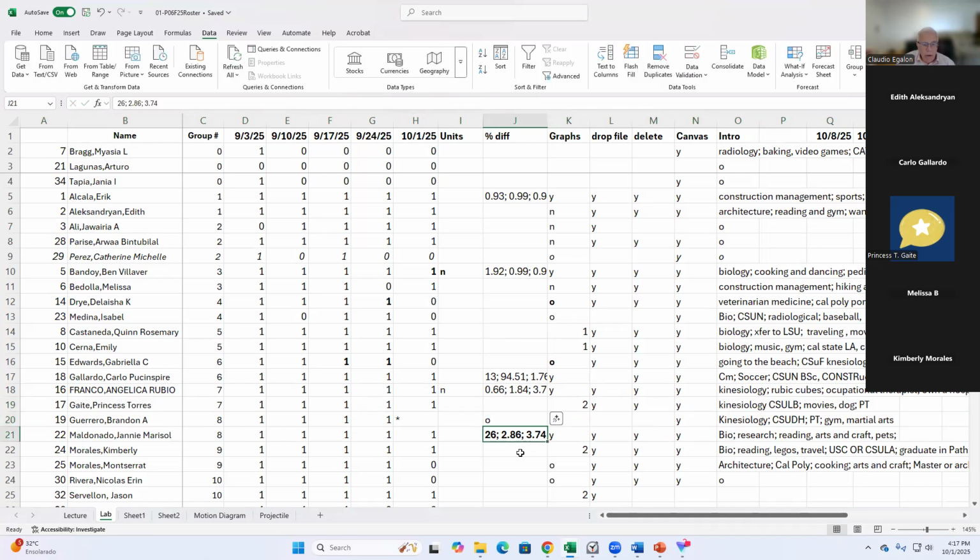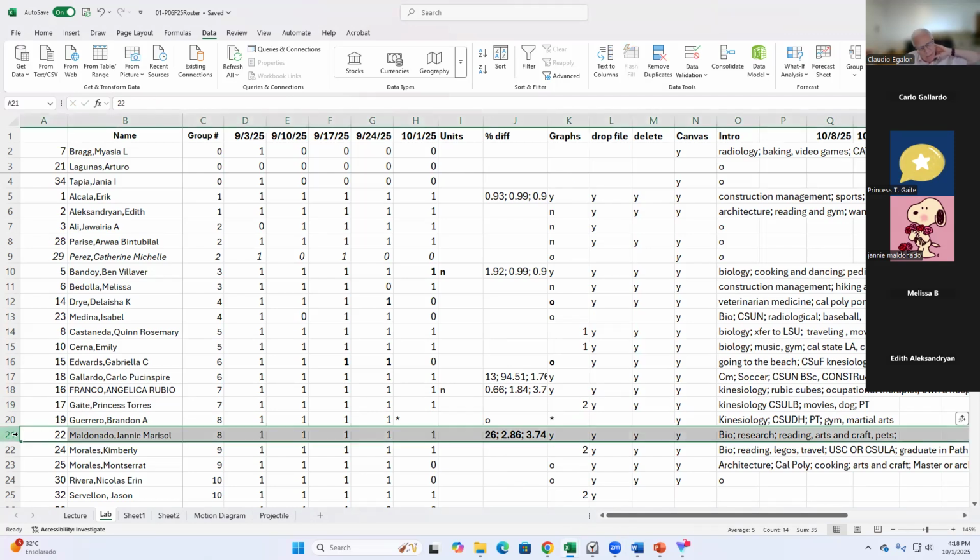Next, Janie. Last time you gave me the percentage differences, right? Yes, I actually fixed it. And now my percent difference for the first one was 12.78. Okay, so what was the problem that we had before, that we were getting such a high percentage difference?